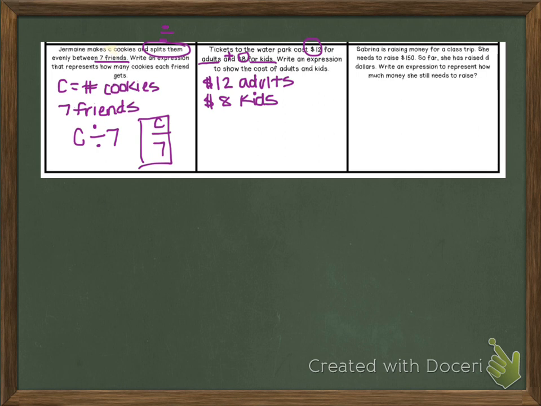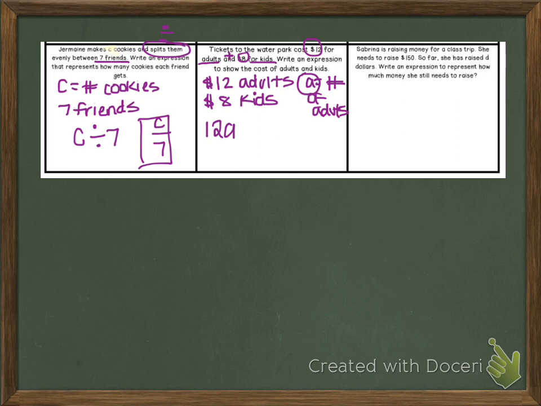So that means that I'm going to make up a variable that says A equals the number of adults. In our problem, did it tell us how many adults are going? It didn't, but it told us how much it costs. So no matter how many adults are going, we would take that number that we don't know and multiply it by 12.